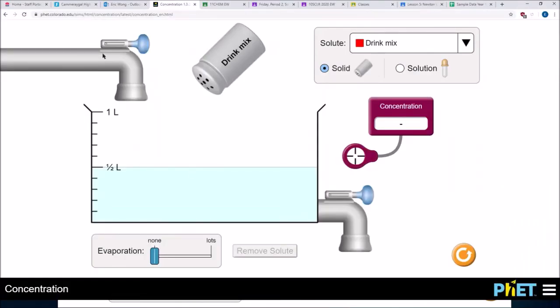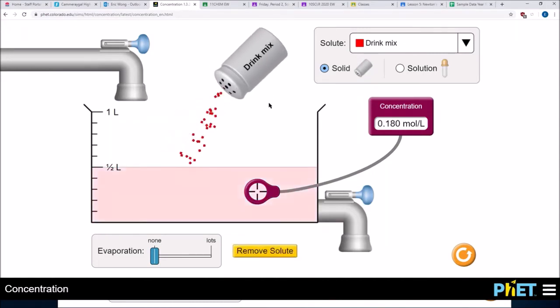Just to demonstrate again what I mean with dilution, if I switch to my simulation here, I have my solvent, which is just water. If I then put my concentration in, remember, if we're looking at molarity, it's moles per liter. If I throw in my solute, I have a certain amount of concentration now. Remember, the amount of solute that I've put in has not changed, even if I try and add more solvent.